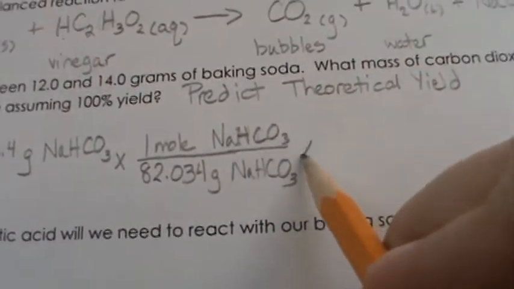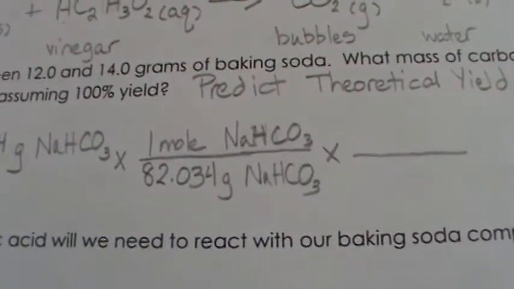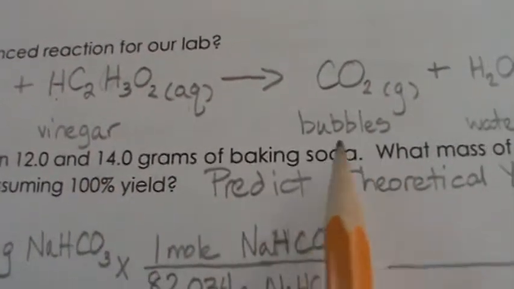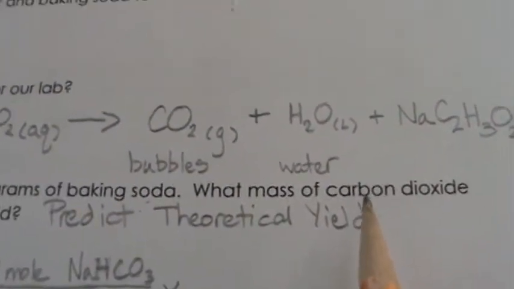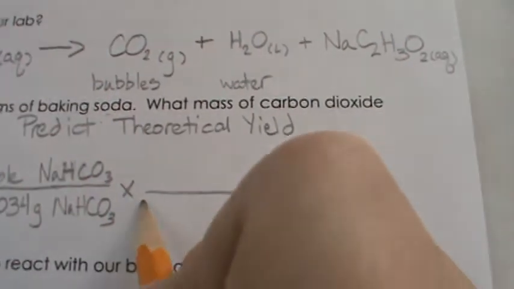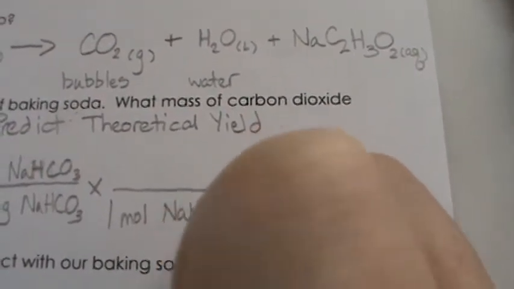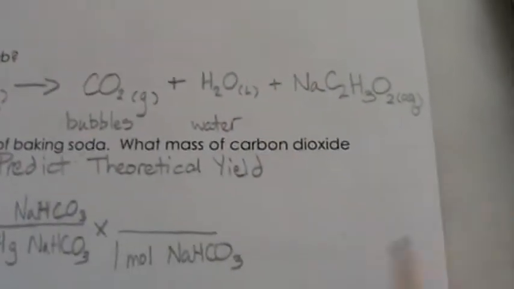Okay. And the next thing that I need in my stoichiometry is a mole ratio. And so we have our baking soda and we're looking for our carbon dioxide. So our known is our baking soda, and there's 1 mole of that. And we make 1 mole of carbon dioxide.